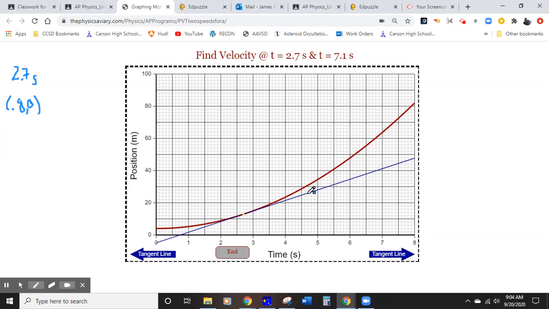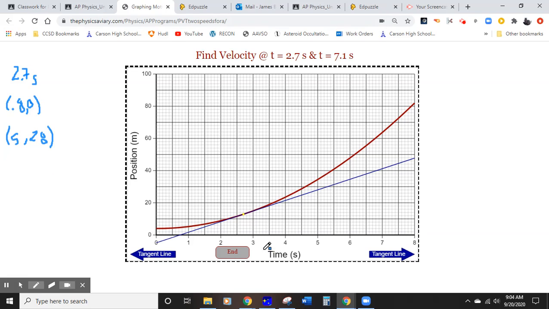I'm going to say that the Y coordinate is going to be 28 here, and the X coordinate is going to be 5 seconds.